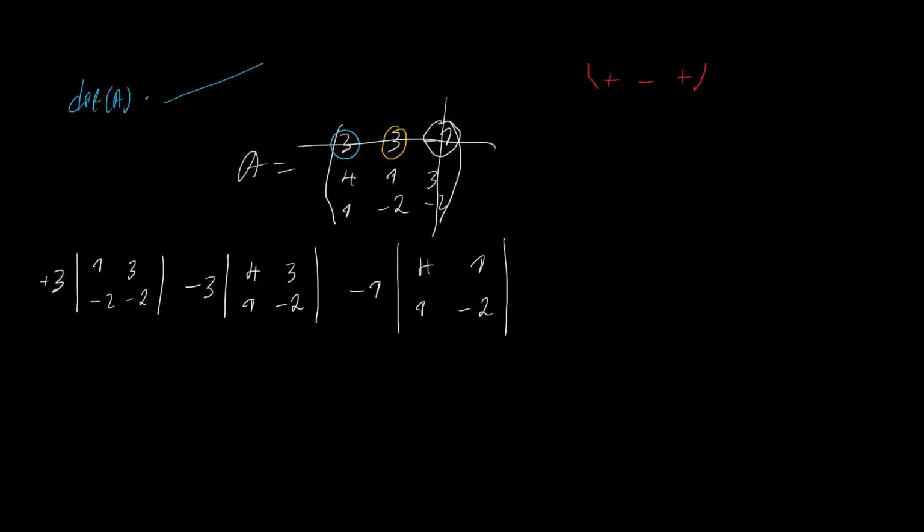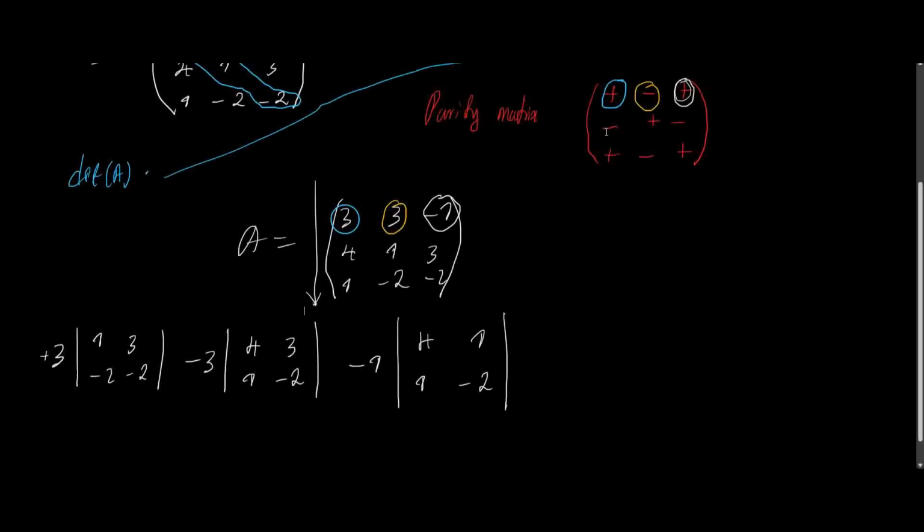So you can apply the same idea considering the first column instead. Following the same rules, that is following the parities here, you can also consider this and follow this parity here. You can consider this, follow this parity, or consider actually this and follow the same parity.